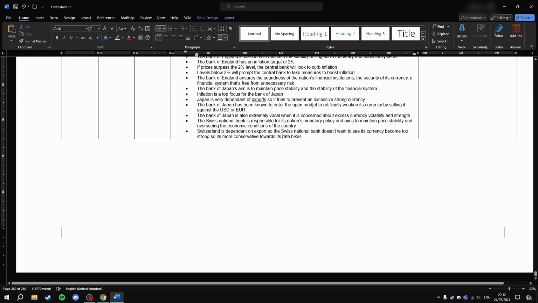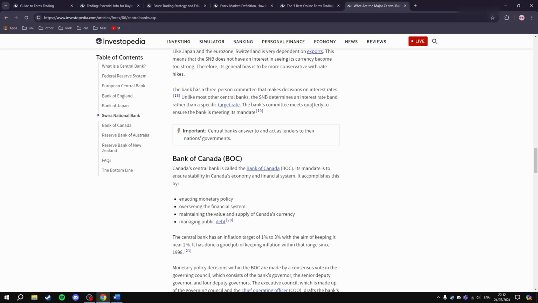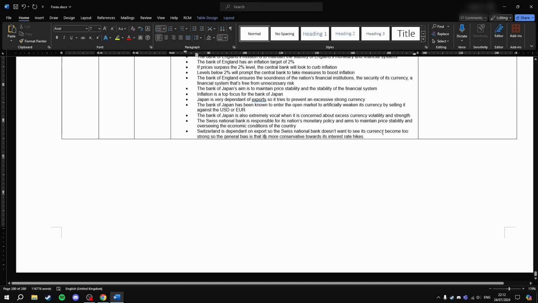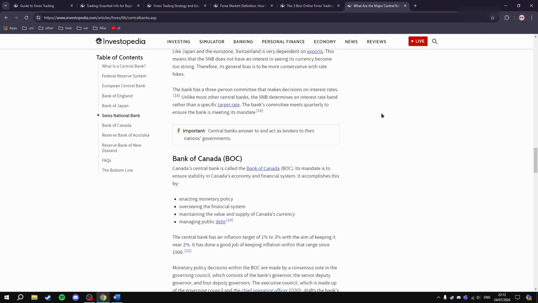The general bias is that it's more conservative towards its interest rate hikes.